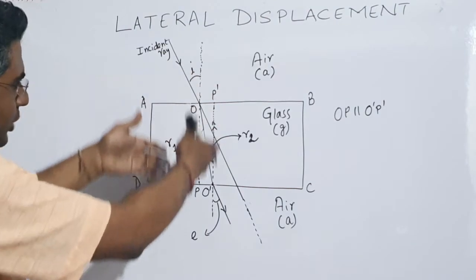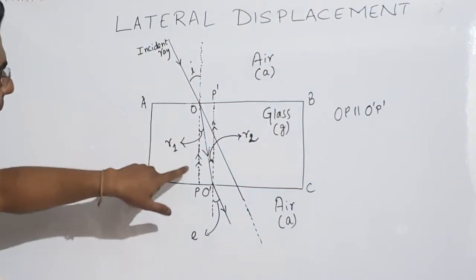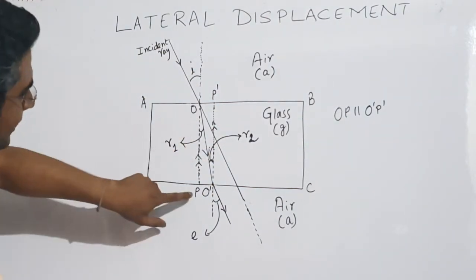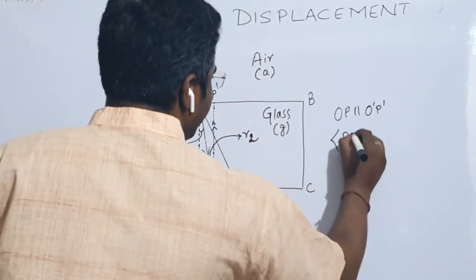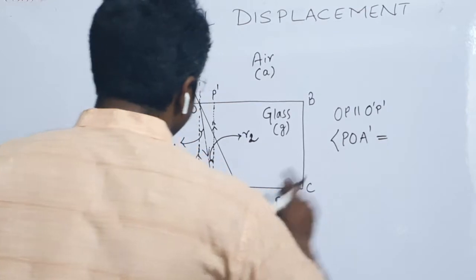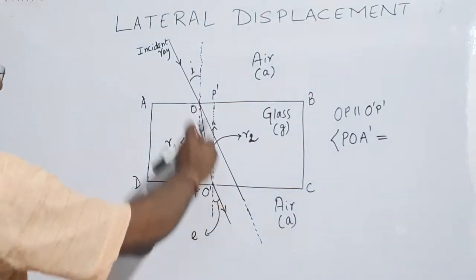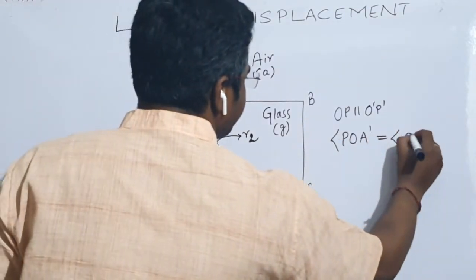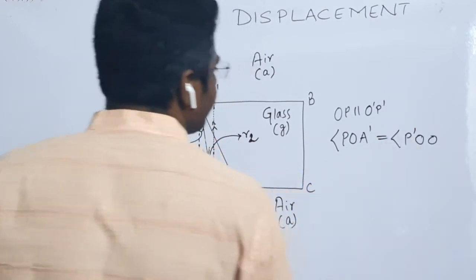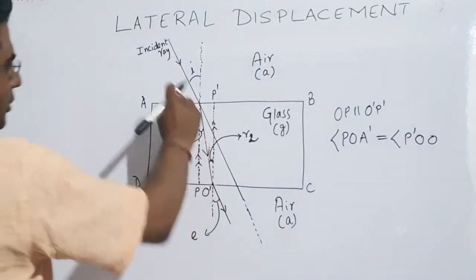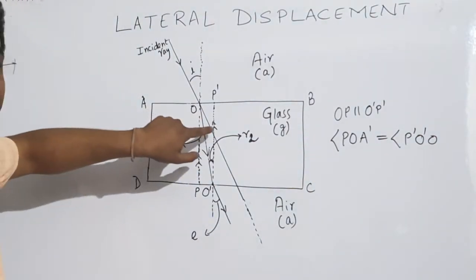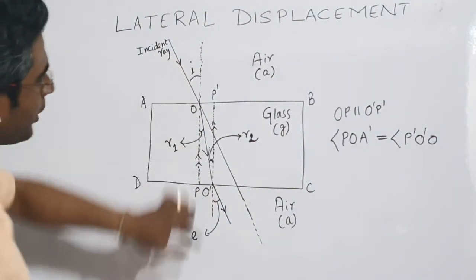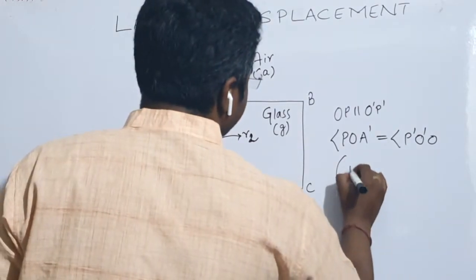In case these two lines are parallel, then the angle P O dash O becomes equal to the angle P dash O dash O, sorry, because these two are alternate angles and OO dash is a transversal.